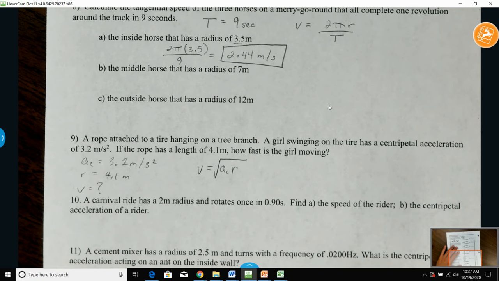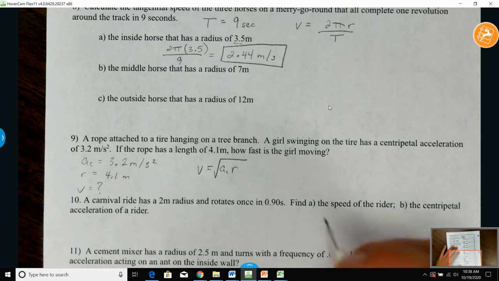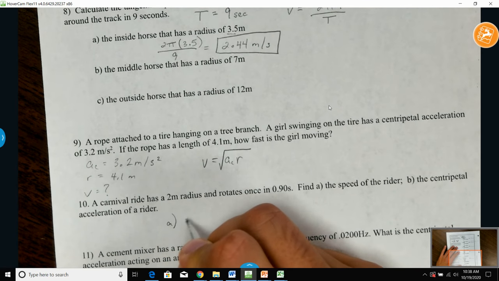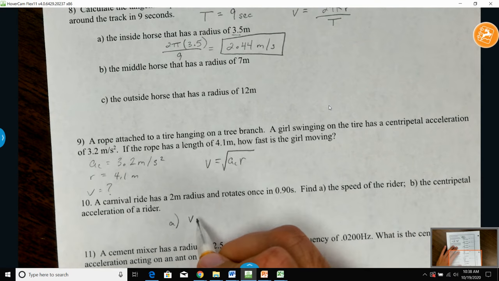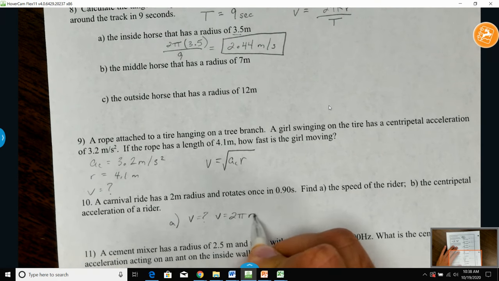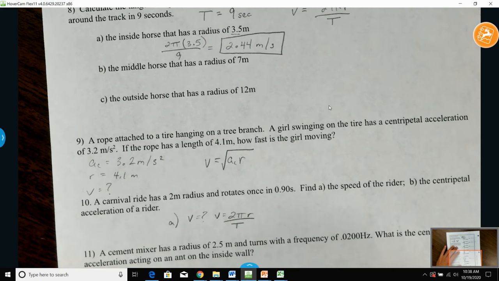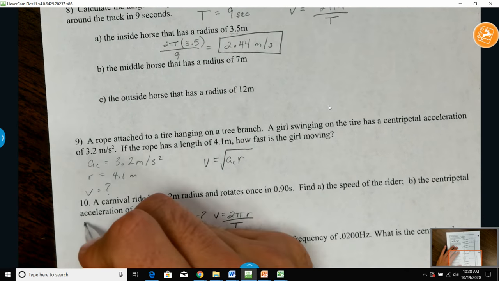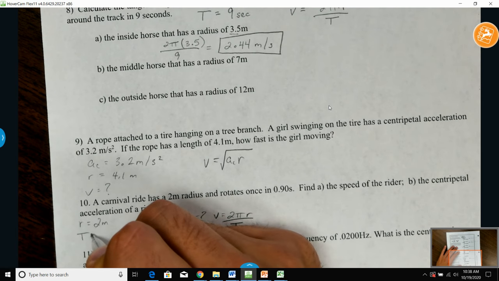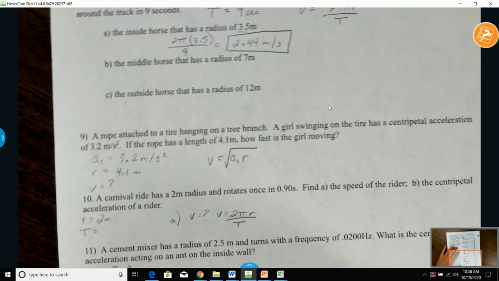In the next one, a carnival ride has a 2-meter radius and rotates once in 90 seconds. So A, find the speed of the rider. You're looking for V, so 2 pi r over t. We're given r of 2, and we're given t of 90.